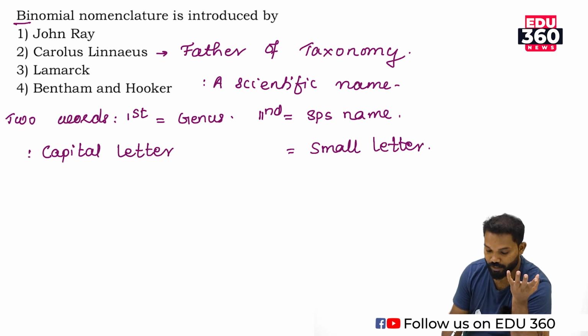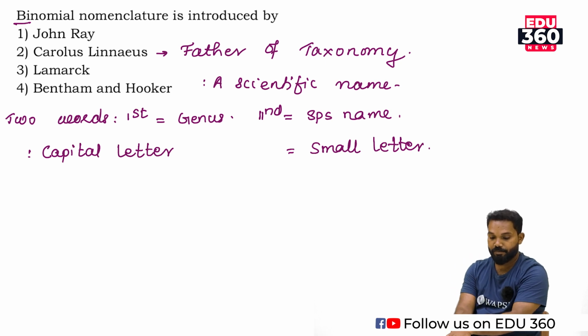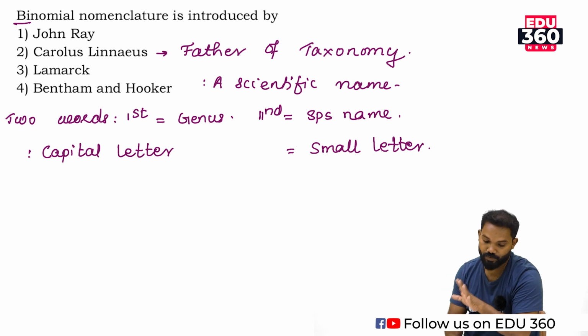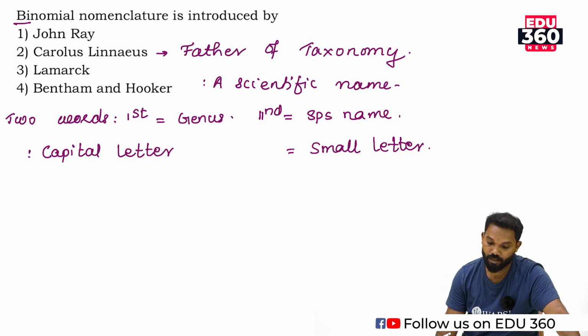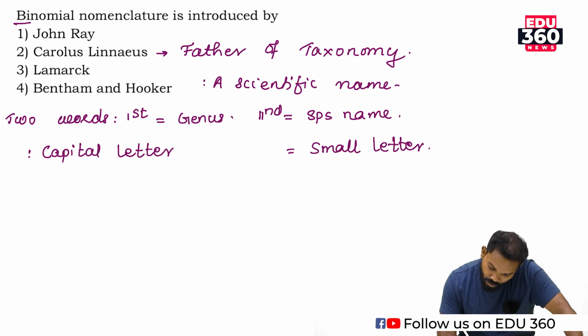Homo is the genus name, so it starts with a capital letter. Sapiens is the species name, and it starts with a small letter. That is the first rule of binomial nomenclature proposed by Carl Linnaeus.